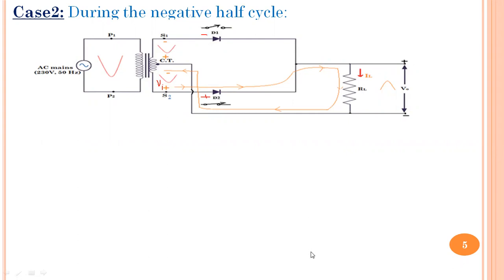Therefore, D2 will conduct the current but D1 will not, and as per convention, current always starts from the positive voltage, through D2. It flows towards this junction. Here this path is blocked because diode D1 is in the off condition, or open circuit.